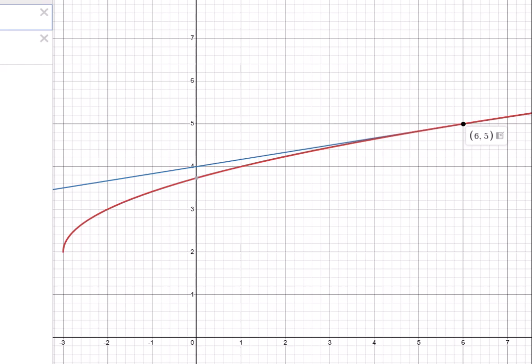You can see right here it's hitting at 0.4. And so the slope is 1/6. That means every 6 to the right it goes up 1. So 1, 2, 3, 4, 5, 6. It goes up 1. So f prime, again, is the slope of the tangent line.